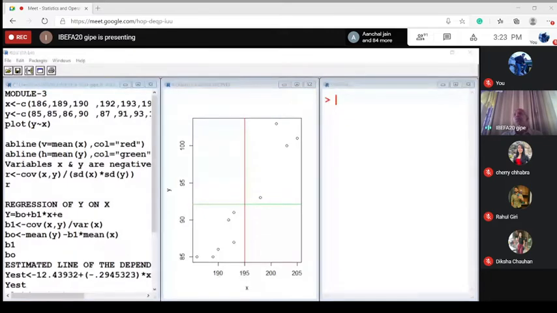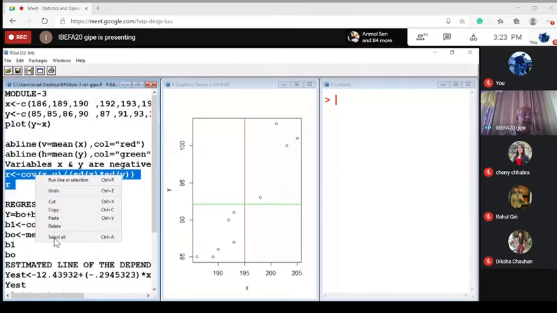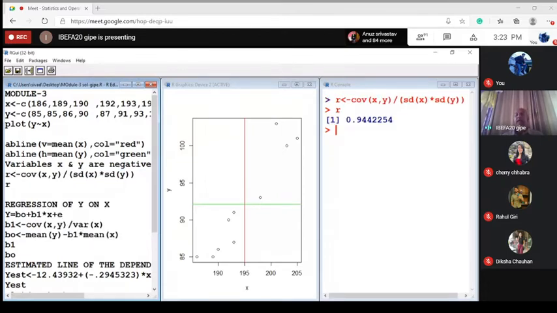So the points are showing an increasing trend, which means the graph will have a positive correlation, 0.9442254. Is it your answer? Yes, sir.